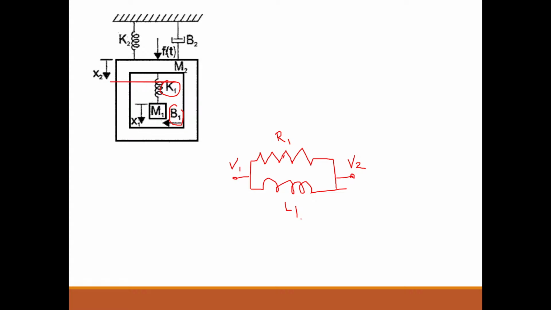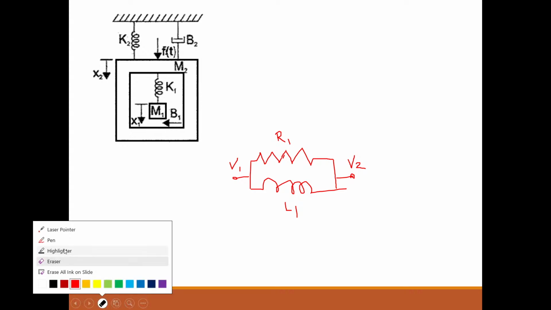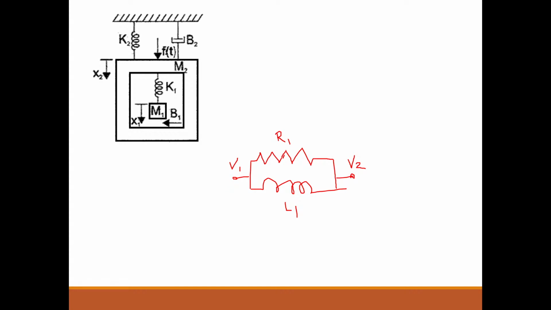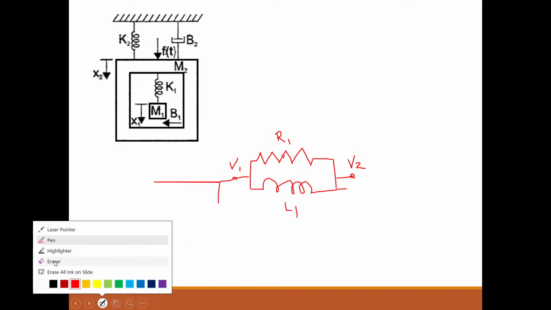Now, what are the elements that are only connected to mass 1? Only one element, that is M1. The analogous of M1 is C1. So at node V1, you have to connect a capacitor C1.